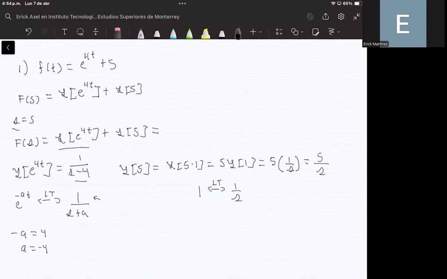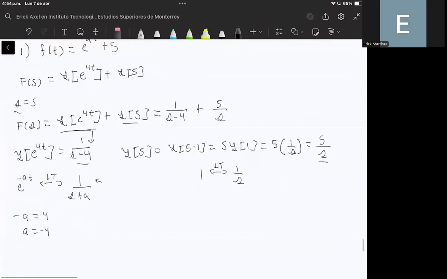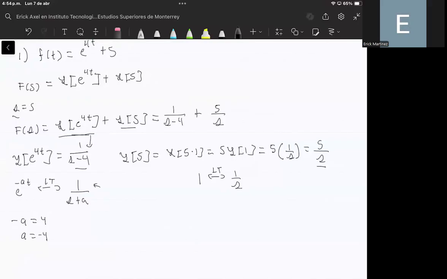We have the Laplace transform of this term, that is this one, and also the Laplace transform of this term, that is this one. So the Laplace transform should be equal to 1 over s minus 4 plus 5 over s. This is the value of the Laplace transform. Okay, so this is one of the examples that we can make.